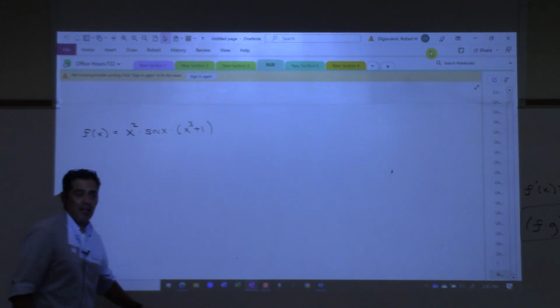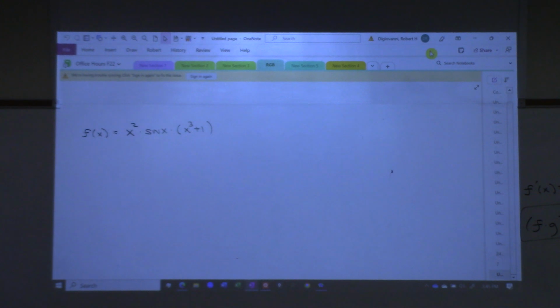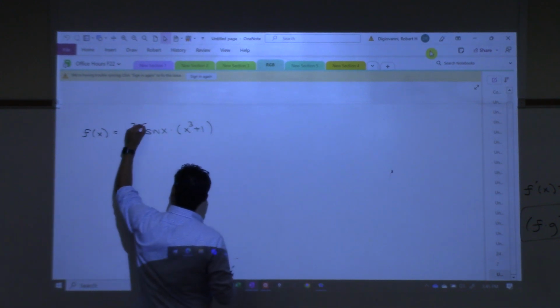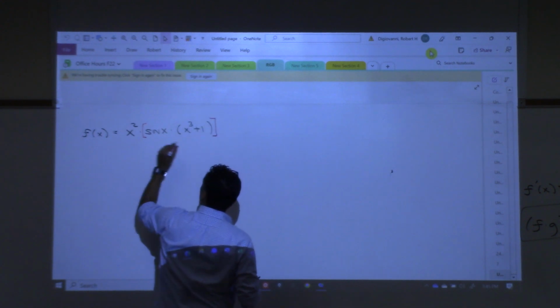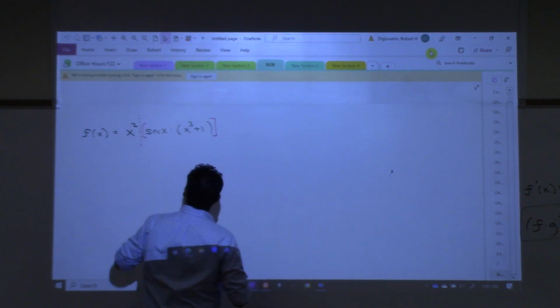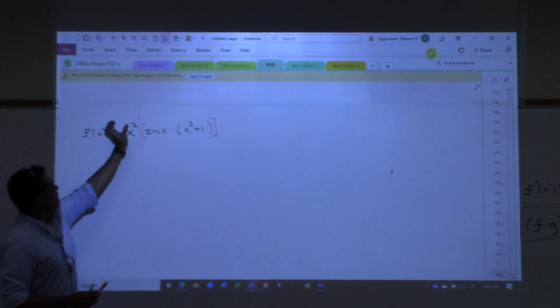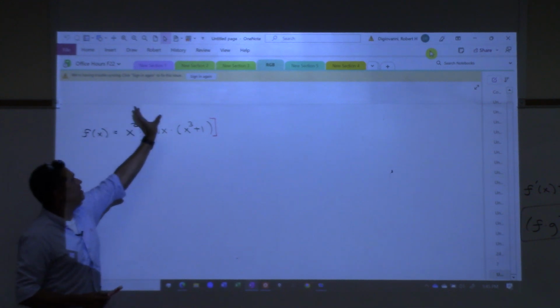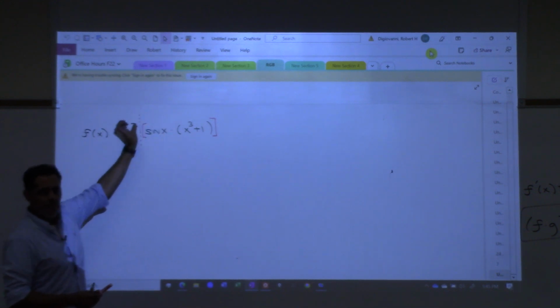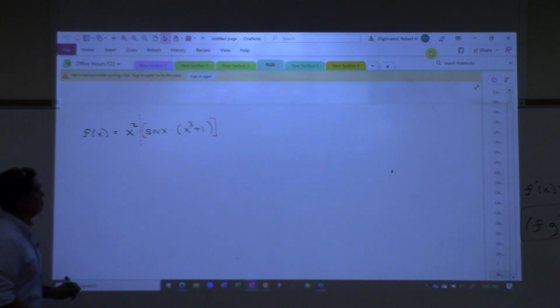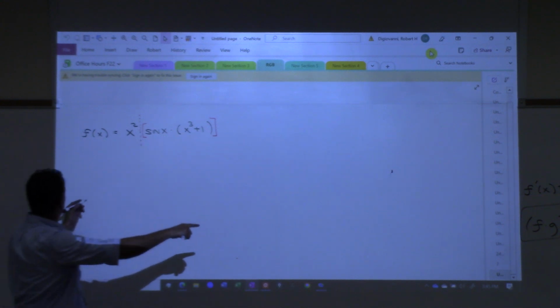So what I'm going to do is I'm going to clump 2 of them together. And that's up to me how I do that. So let's put these 2 together into one and see that I have multiplication. So I have a first function and then a second function. You all see them? So let's now use our product rule.